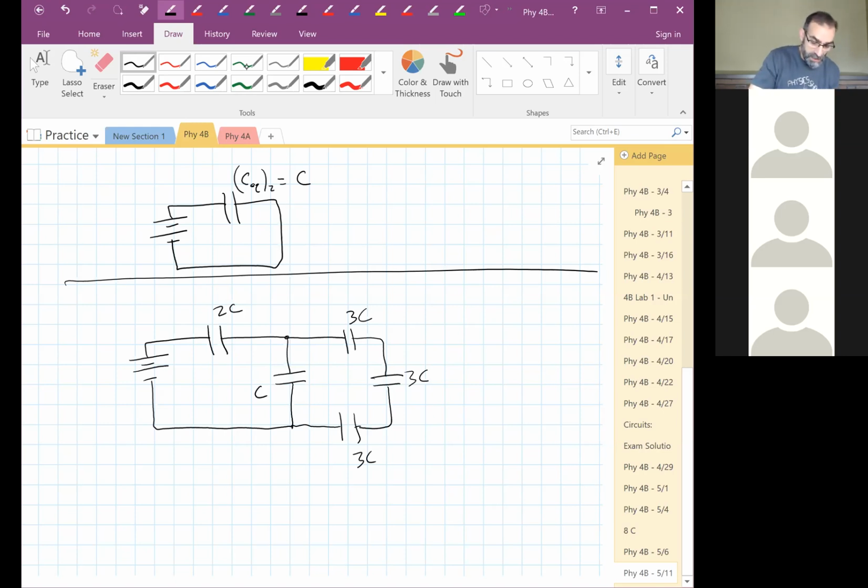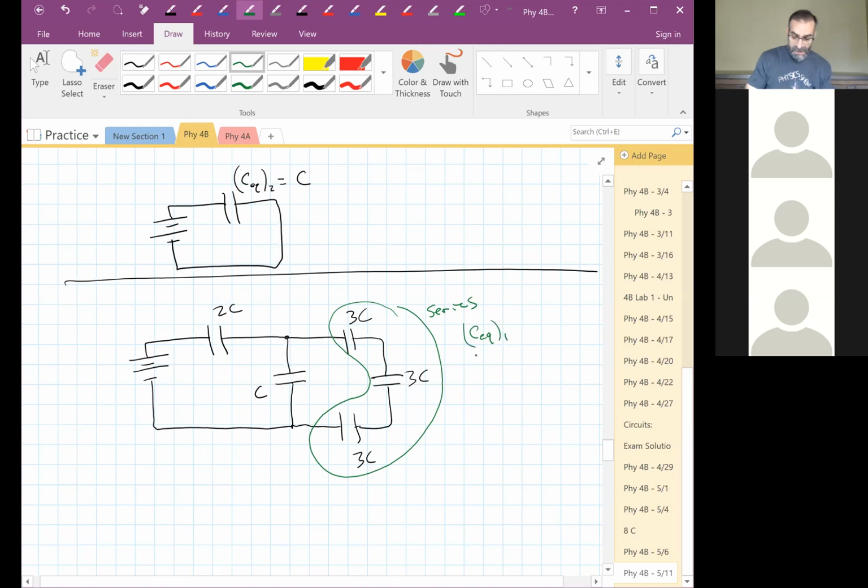So one thing you notice is that these 3 are in series. So we'll call that C equivalent 1.